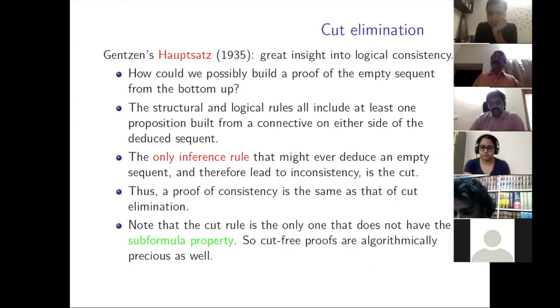So, in general, the subformula property is something sacred to hold on to. Of course, if you take a proof and remove cuts, the proofs may blow up, and that does happen. Cut-free proofs can be quite huge. But subformula property is also very important. So cut-free proofs are algorithmically precious for proof search.